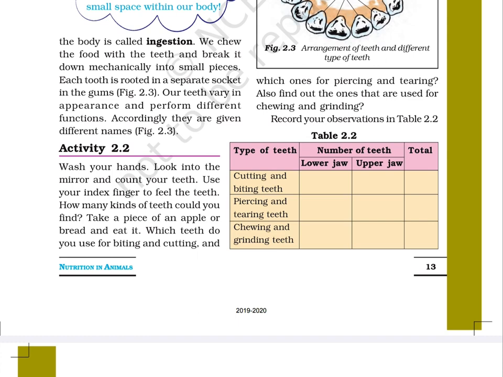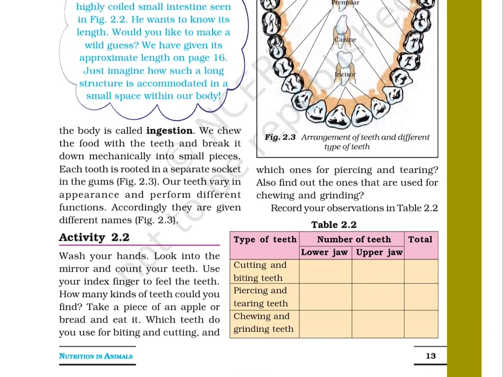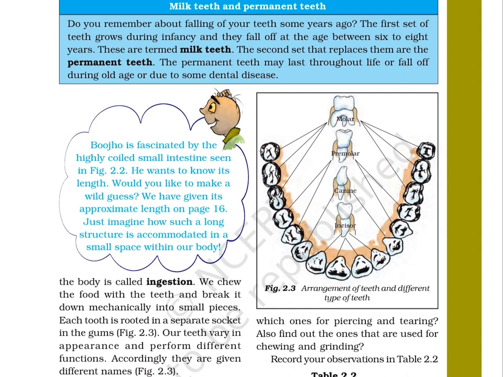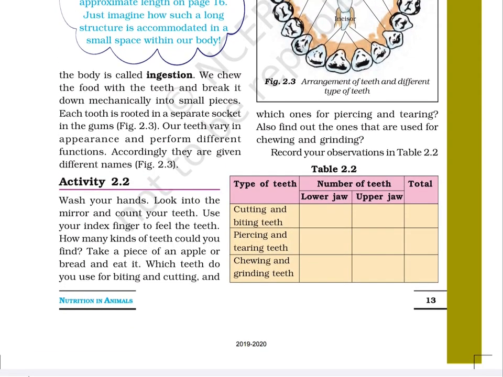This column has been subdivided into 2 parts, lower jaw and upper jaw. In the third and final column, you have to write the total number of teeth. The types of teeth are cutting and biting teeth, piercing and tearing teeth, chewing and grinding teeth.